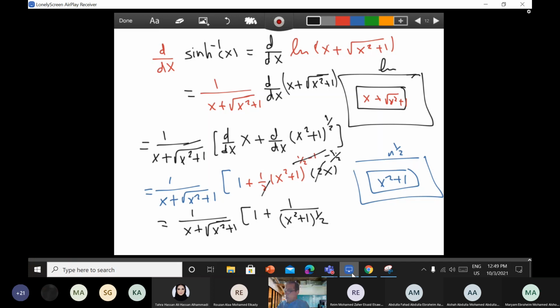This is exactly the root square, right? Now you multiply this one inside, and you get the derivative of the sinh inverse.